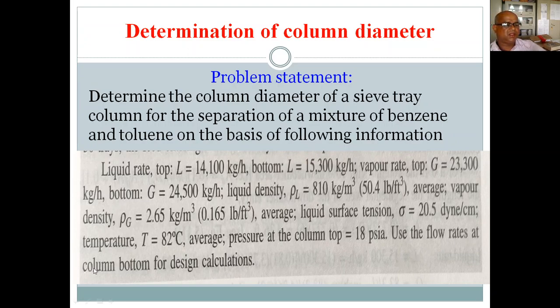Use the flow rates at the column bottom for design calculations. You could take an average also, but once you do it, it will not change. So flow rates are given, gas flow rate and liquid flow rate for the operating conditions. Now you have to tell what will be the column diameter.